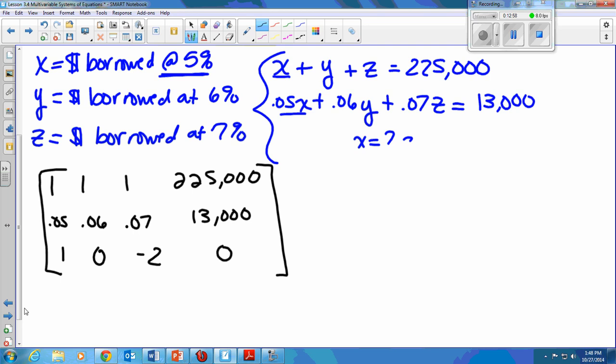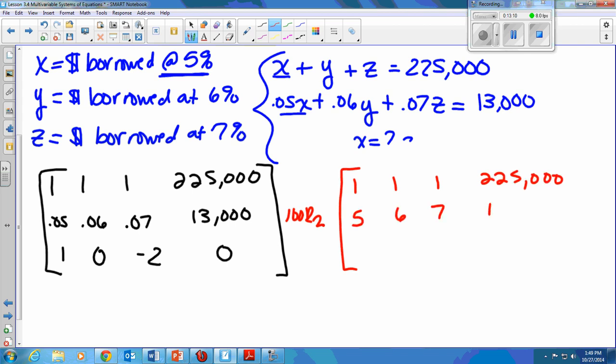If I multiply it by 100, my decimals will go away. So this would be 5, 6, 7, 13,000, but if I multiply it by 100, I add 2 zeros, so 1,300,000. So there's my new matrix.